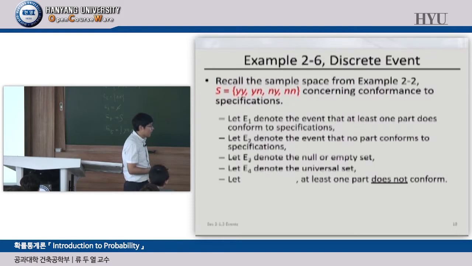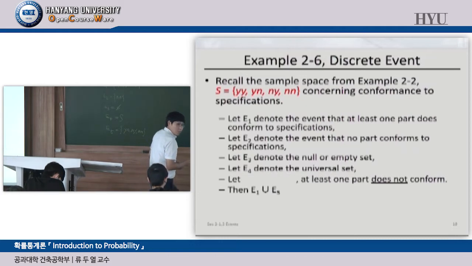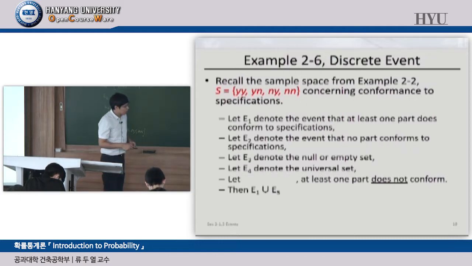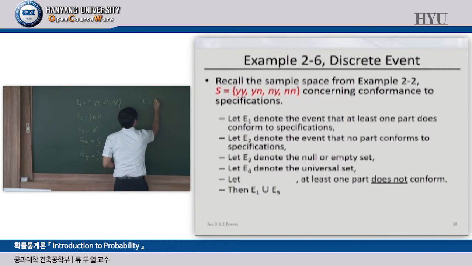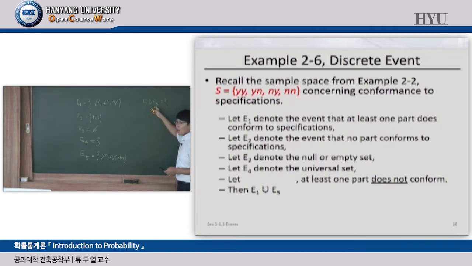그러니까 스페시피케이션을 일치하고 있지 않는 하나의 파트를 반드시 포함하는 집합이니까 YY는 빠져야겠죠. So based on these 5 events, we have to calculate the union of E1 and E5. So the union of E1 and E5 will be YY, YN, NY, YN, NY, NN.